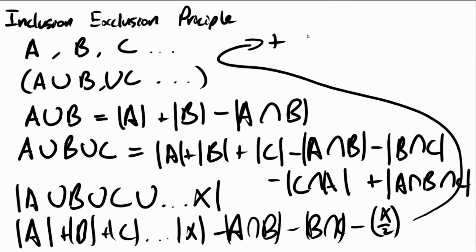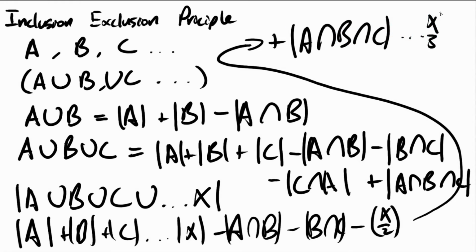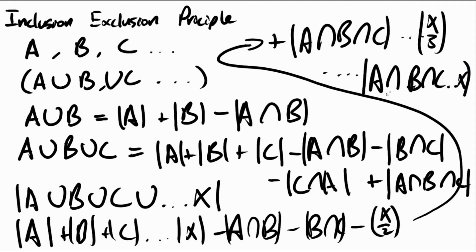Then you add A, B with C, and all possible combinations of sets with three. And you keep going until the last term is the intersection of all of them. You keep switching signs along the way. And that's basically the general rule: you just keep switching signs, and you always add or subtract the combinations of a certain number of intersecting sets.